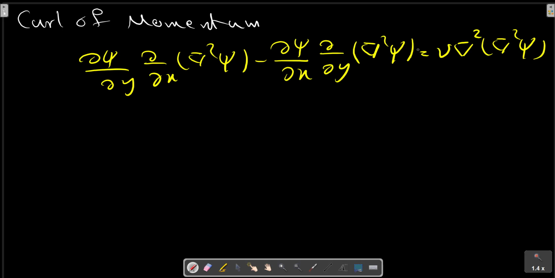This is where nu equals mu over rho, the kinematic viscosity.